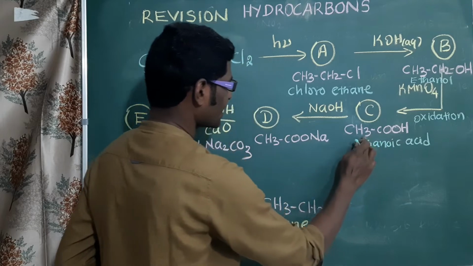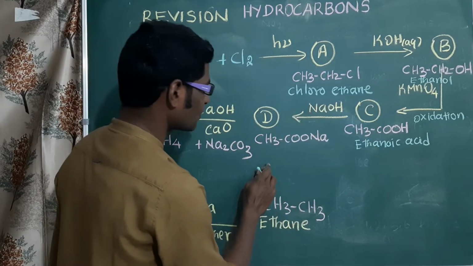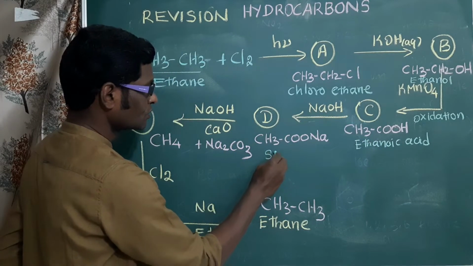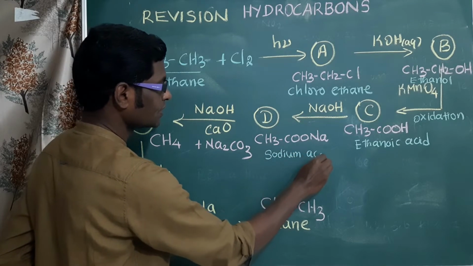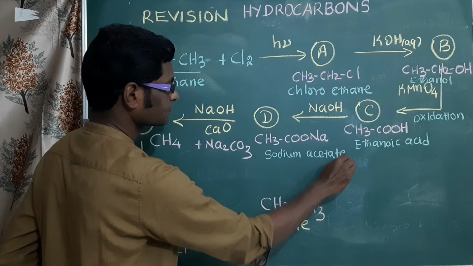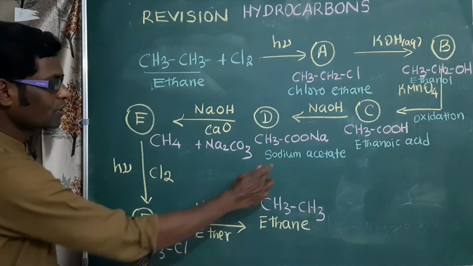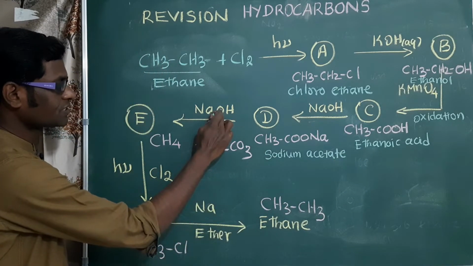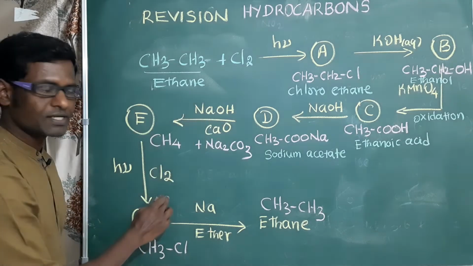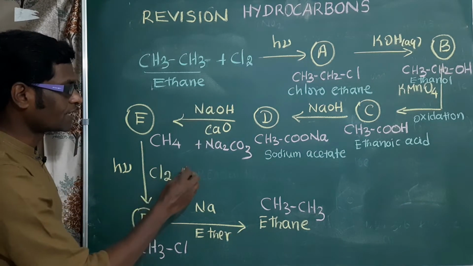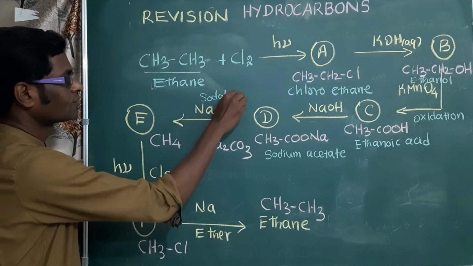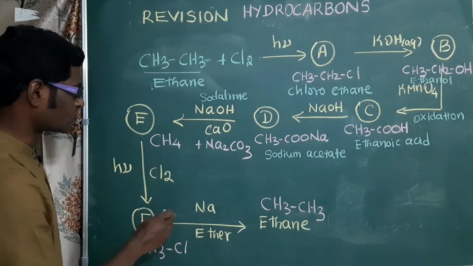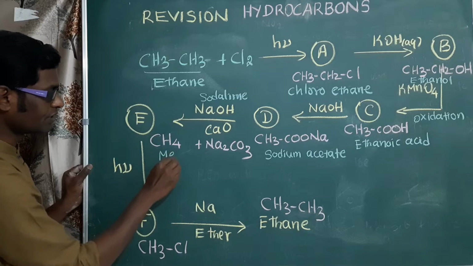When ethanoic acid is treated with sodium hydroxide, we will get sodium acetate. This reaction is called neutralization reaction. When sodium acetate is treated with a mixture of sodium hydroxide and calcium oxide, collectively called soda lime, decarboxylation occurs and we will get methane.